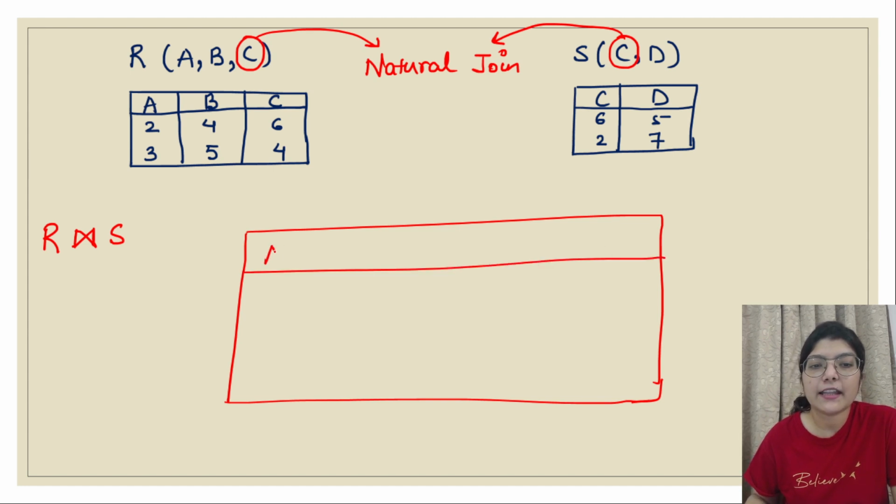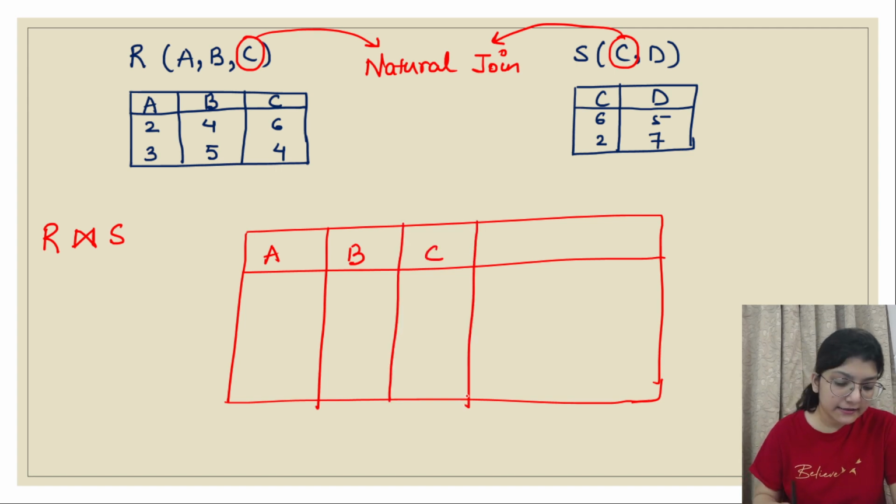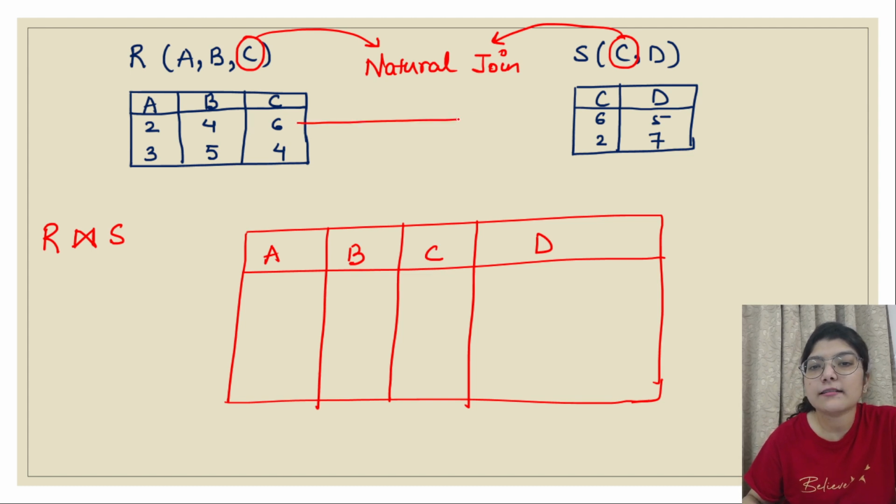That will have A, then it will have B, and it will have C, and last you will have the attribute D. Okay, so you have a common attribute, so you will take 2, 4, 6. So 6 is here, and then this one is having 6, right? So the resulting tuple will come out to be 2, 4, 6 and 5. This is your first one.